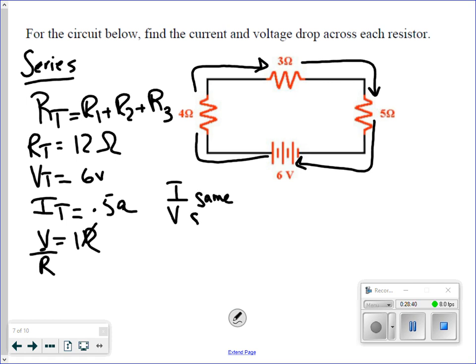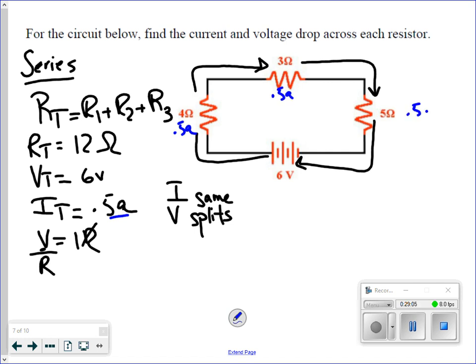It's the voltage that splits, and it's exactly the opposite for a parallel circuit. So what you do is memorize one of them, and then you know them both, right? Because if you know one, you can figure out the rest. So if the current is the same, the next thing I'm going to do is label everything that I know, and that would be the current. If the current stays the same, that means that all of these are half an amp.